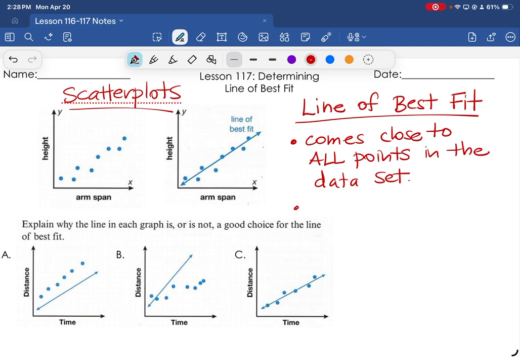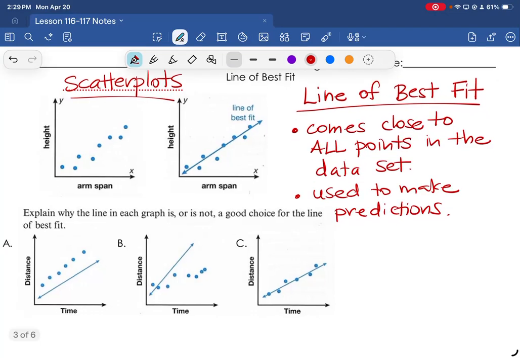And bullet point number 2 is that we use these to make predictions. So one day when you become super rich, whether you're a business owner or invest in stocks, you're going to use these to make predictions and make decisions with your money.